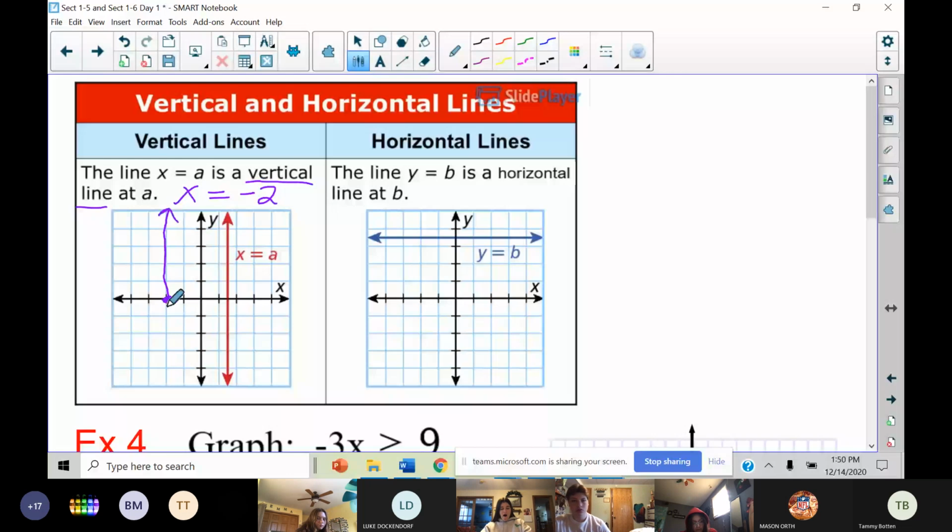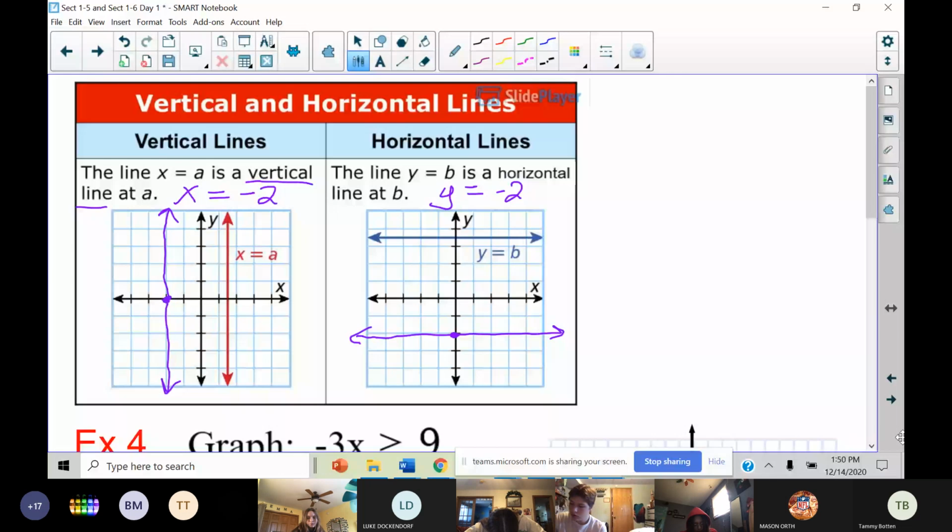And yours should be straight, mine's not. If you got y equals -2, then you'd go on your y-axis to where y is -2, and you would draw a horizontal line. So whenever it's x equals, it's vertical. Whenever it's y equals, it's horizontal.